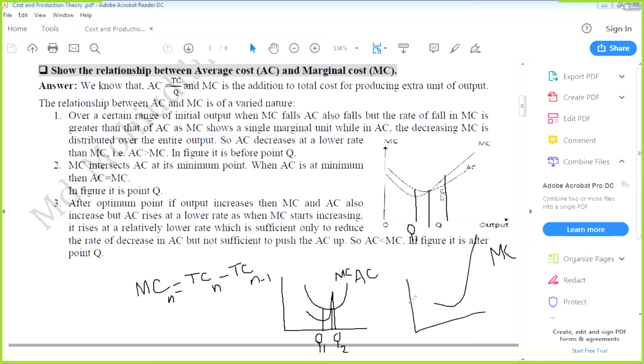But the falling rate of which one is higher? Marginal cost. Marginal cost is higher. Why? Because it's lower than average cost.